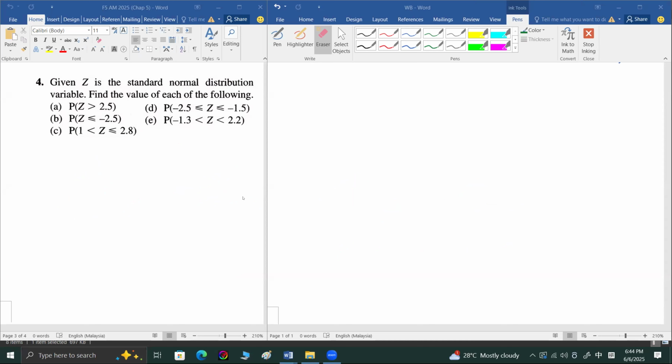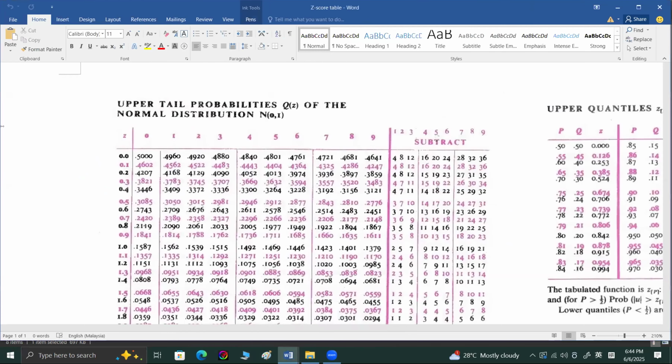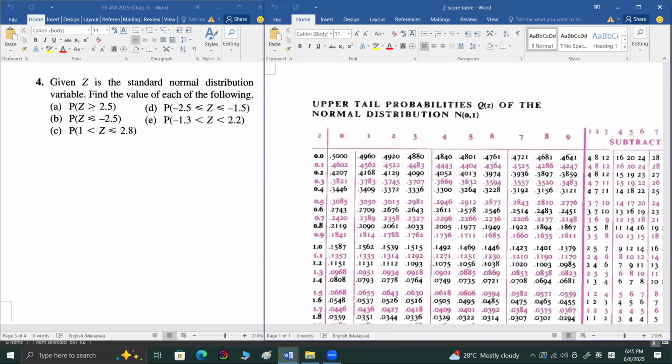So all of you, look at the table, get ready a table. Greater than 2.5. Just now, your answer is 0.00621. So now you look at my screen here.